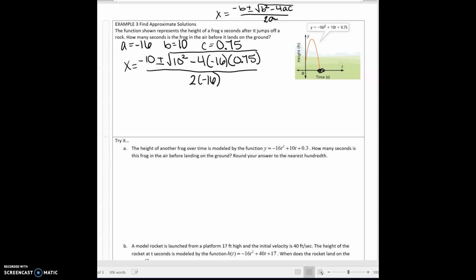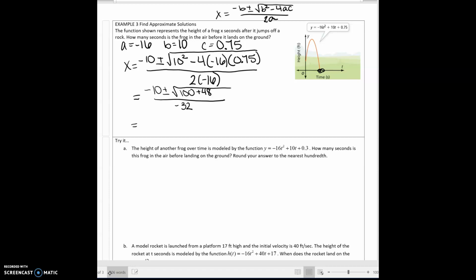Then we're going to go ahead and simplify. So we have -10 plus or minus the square root of 100. 4 times -16 times 0.75 would be plus 48 because we have that negative and that negative. All divided by -32, 2 times -16.